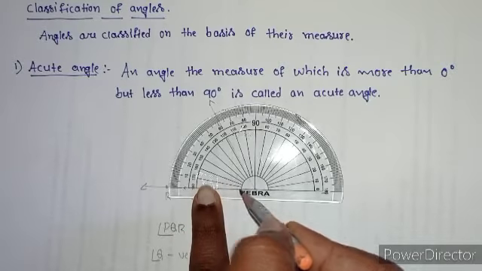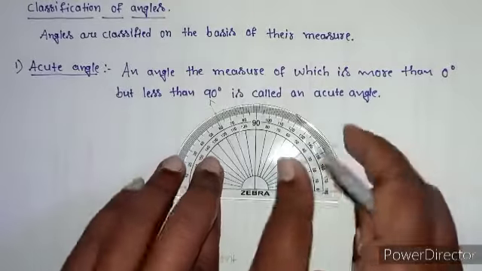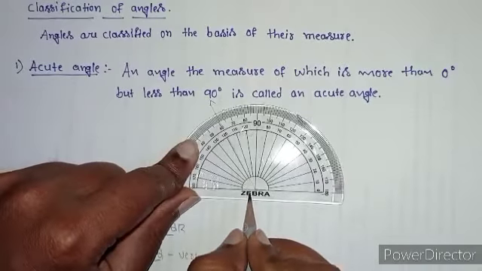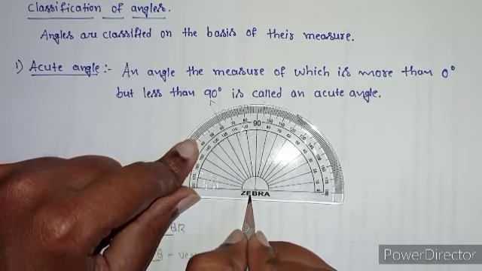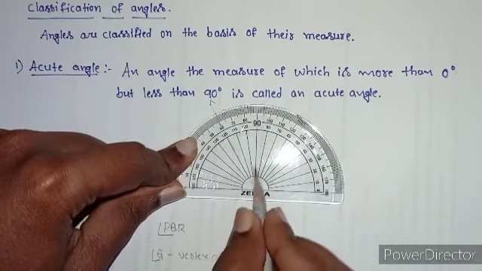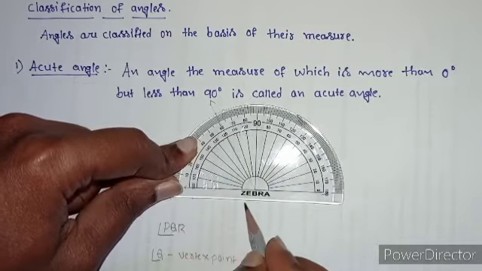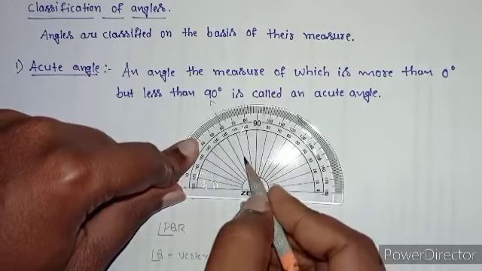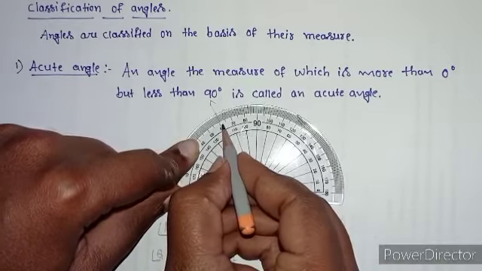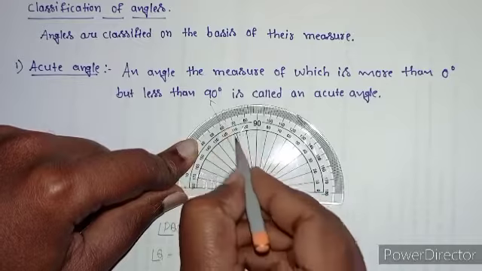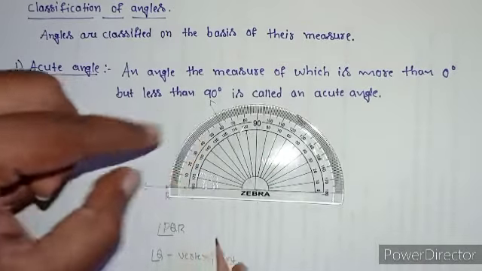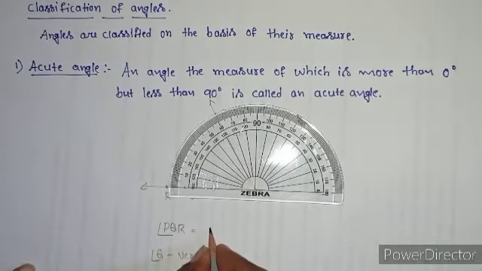Next we need to read the angle. Read the measure of the angle PQR on the other arm. Here QP is the other arm, and here it is 60 degree, right? So PQR is equal to 60 degree.